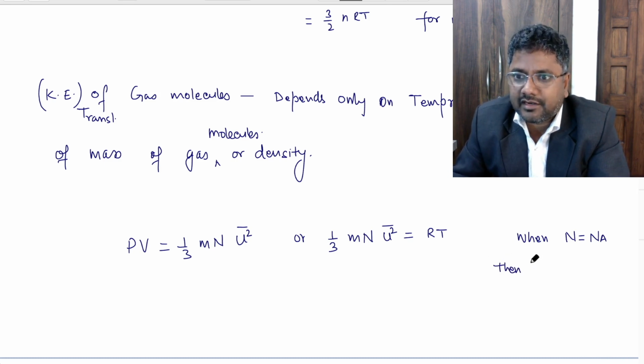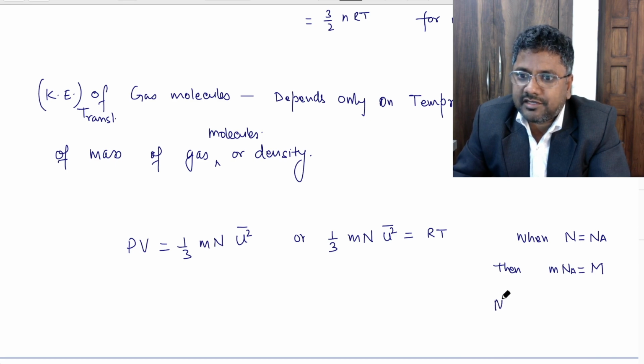Then what we can write here is small m into Na, this is equal to capital M. And what is this capital M? Capital M is the molar mass of the gas.